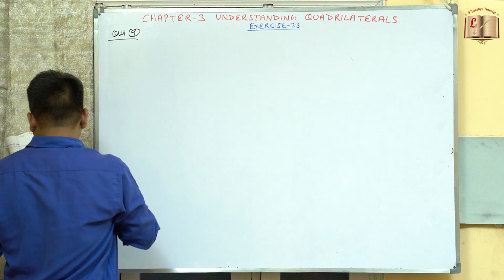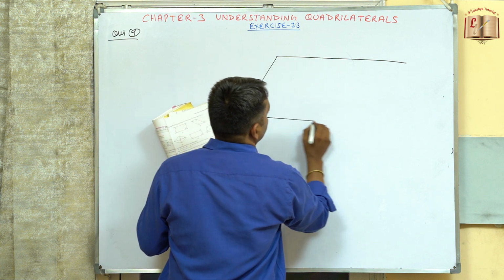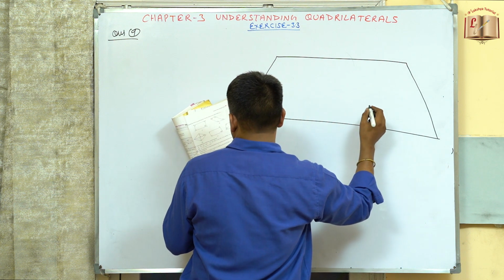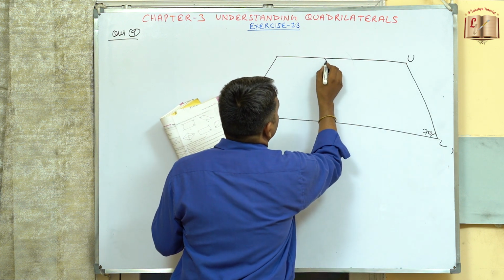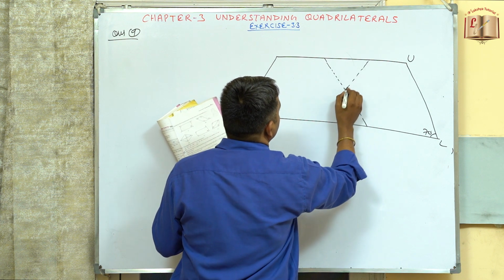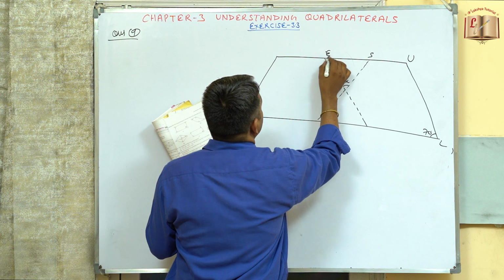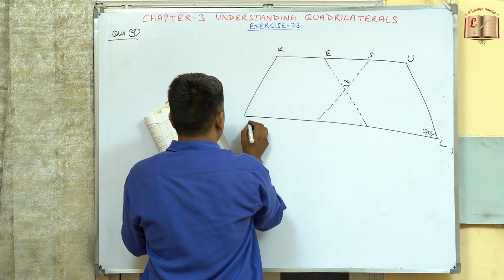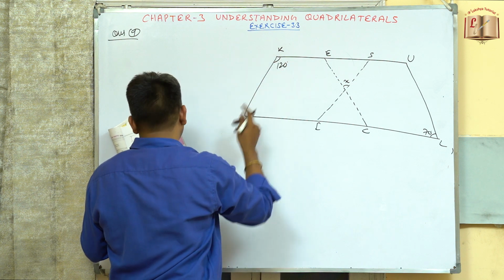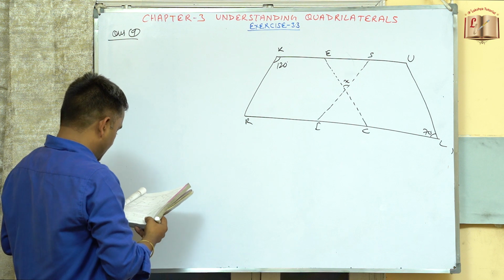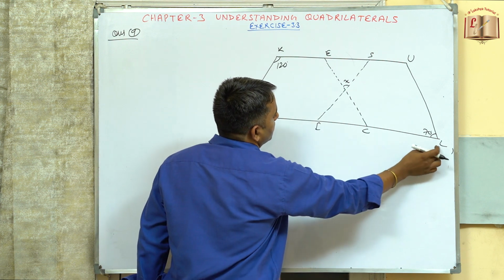So now coming to question number 9. So this is now 70 and this is L, this is U. And this is X, and here it is S, this is E, and this is K, and this is R, I, and C. So we need to find this angle X, and this angle is 120 degrees. This, RISK, is one of the parallelograms, and here this is CLUE.